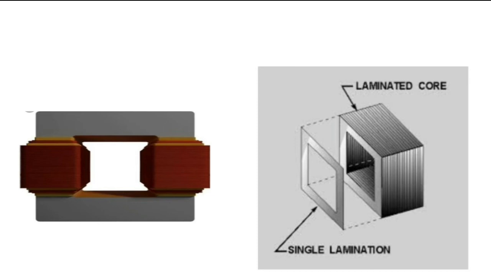You can see the next diagram, that is in the form of laminated sheets. So this is a method to decrease the eddy currents. That is, the first method is to put slots and the second method is to keep the core in the form of laminated sheets.